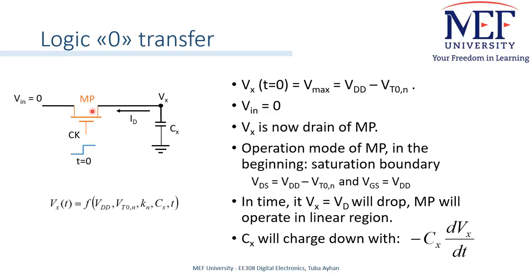Then, MP conducts, so the direction of drain current flow through MP will be from Vx to Vin. This means that the intermediate node X will now correspond to the drain terminal of MP, and this node Vin is the source terminal.